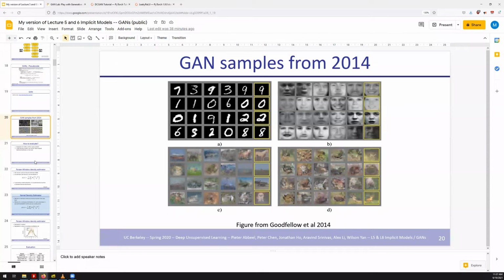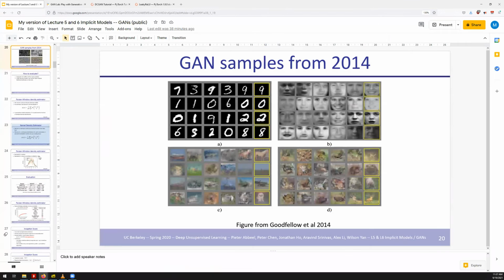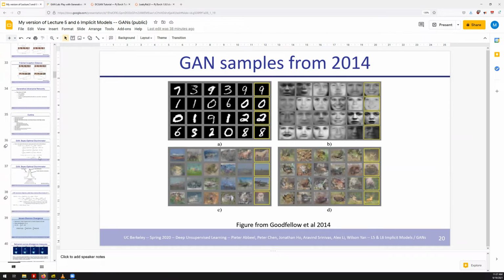About coverage, right? If you use KL divergence, you have to cover every sample that's in your data set. You cannot not cover it. But with GANs, this formulation turns out not to have to cover it. Maybe I can just go there. Let's see, where is it?